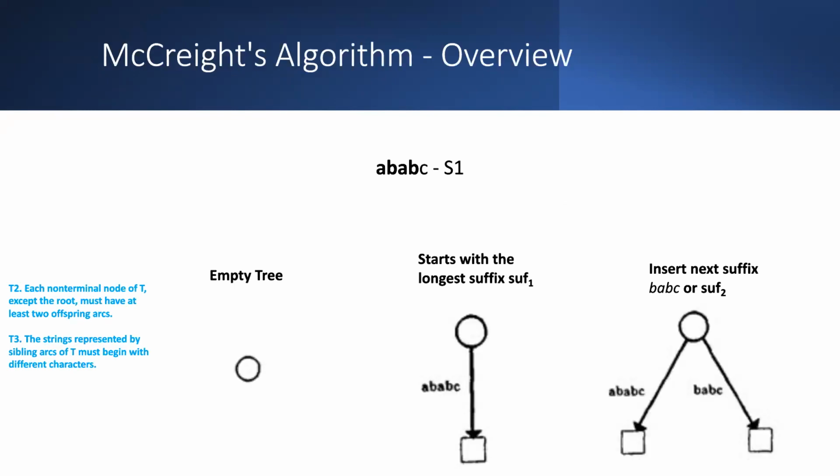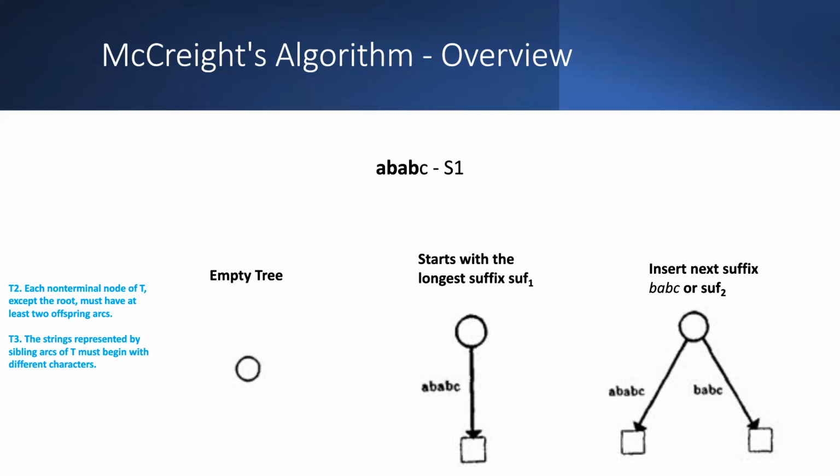So to start out with McCreight's algorithm, if we're given, for example, a set of A, B, A, B, again, in this case we're appending C because of our S1 rule. What's going to happen is we're going to start out with an empty tree.